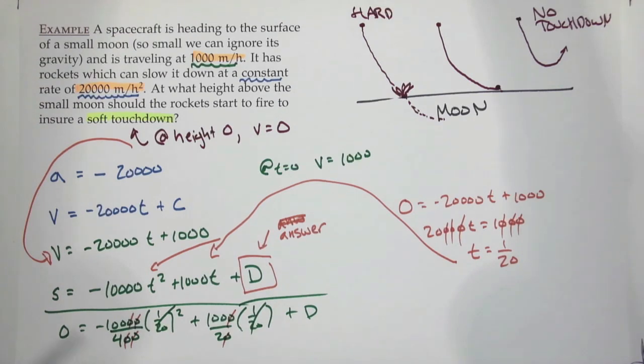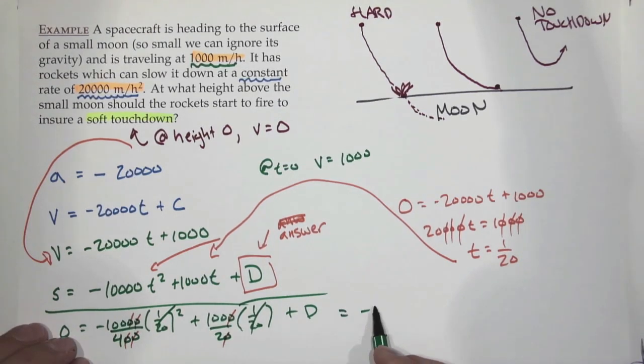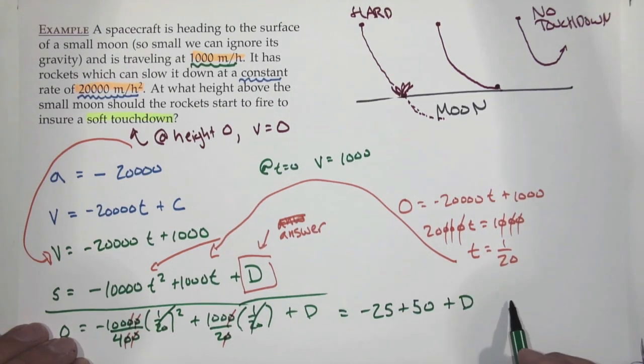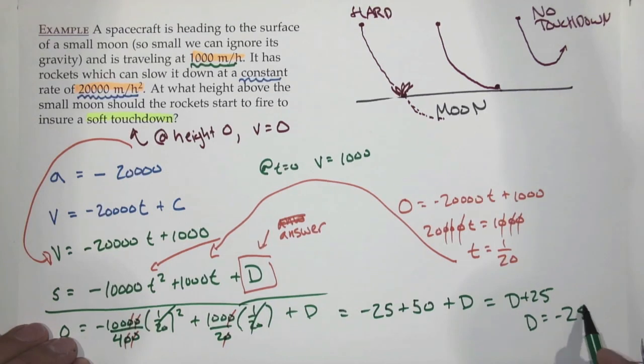Zeros canceling at the end is something pretty nice. 100 divided by 4, 25. So I have negative 25. 100 divided by 2, 50. And then plus d. And so that's d plus 25. So d should equal negative 25. Now you're probably saying, wait, negative?